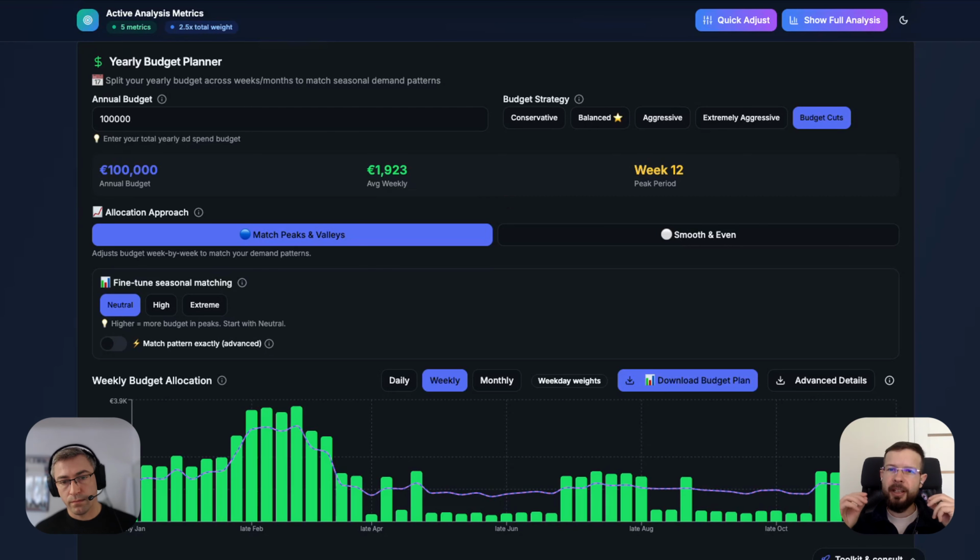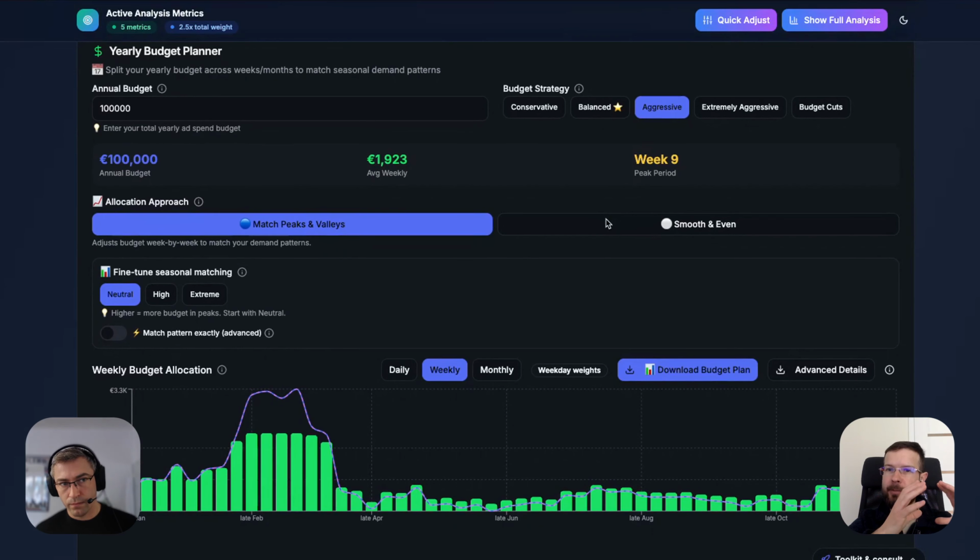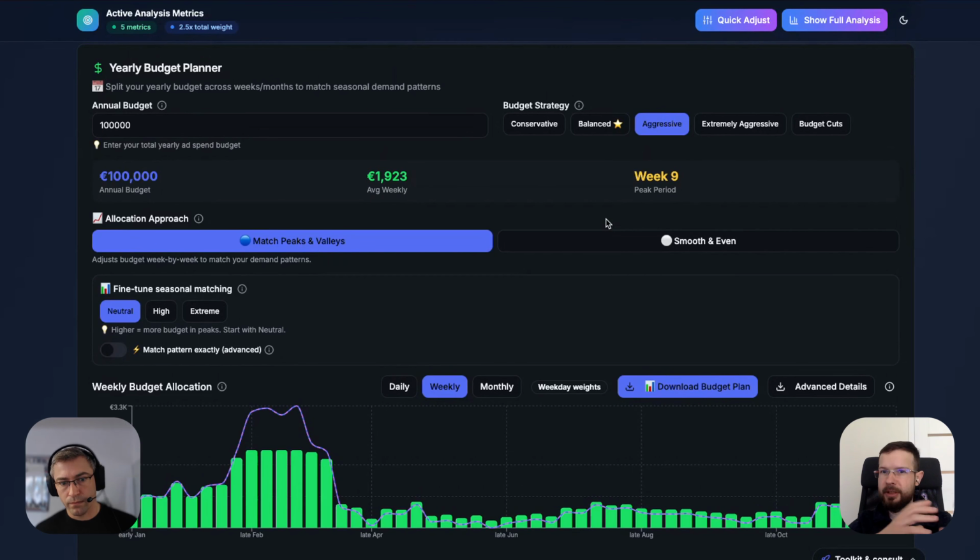So you can plan a budget product by product, division by division, as well as see how the whole category is behaving. This allows a strategic decision at CMO level, but also if you have different product owners or marketing managers for different categories in your e-commerce, they can all share this tool and have more informed discussions about the budget.